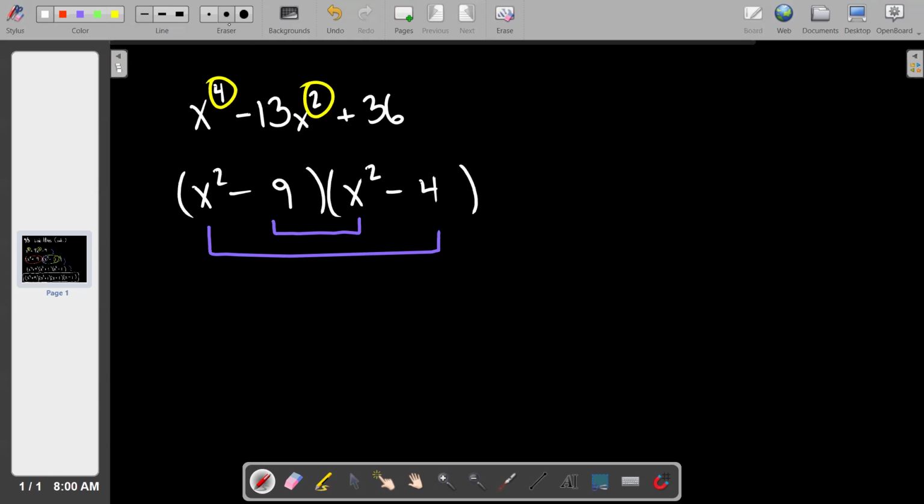Is this one done? Which one's factorable? Both of them are. This one is called a difference of 2 squares. This one is called a difference of 2 squares. And you can take this or leave this, but from what my experience tells me, almost all the points get lost when people can't see differences of squares.